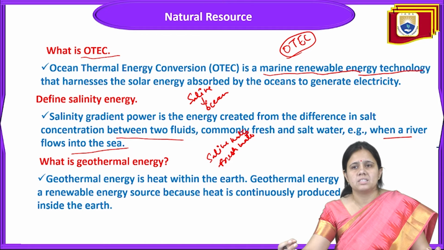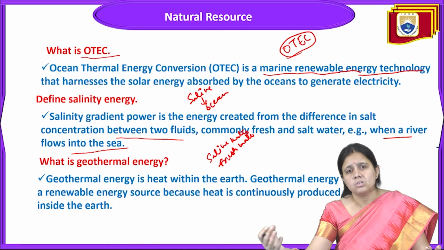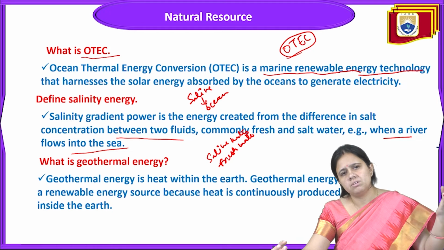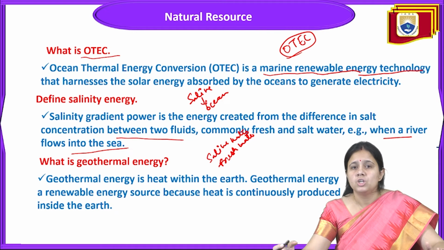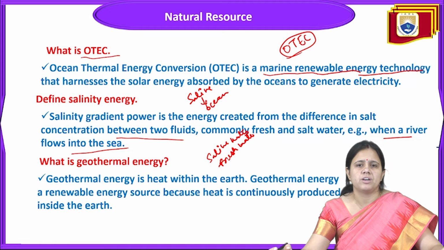That energy is very good and has enormous potential in today's world, because India has a very large aquatic system. Big oceans are there, many rivers are there. So when the river goes into the ocean, at that junction, two kinds of fluid are there: one is the freshwater fluid, the second is the saline fluid.